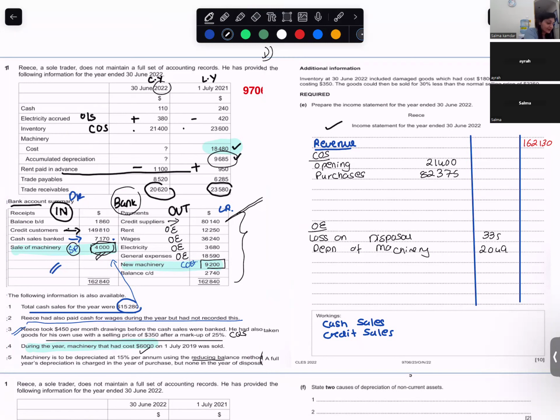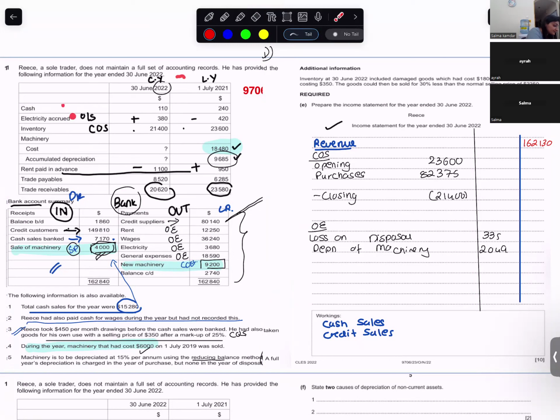Opening inventory is 23,600. Do you have closing inventory with you? Closing inventory is 21,400. Now I will again scroll through the question and see what is there.